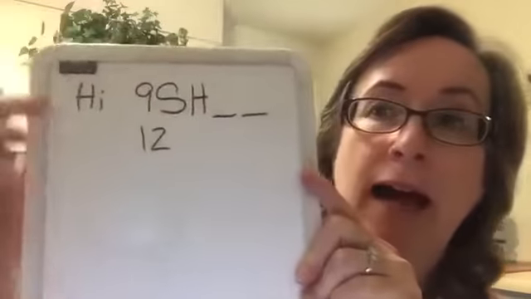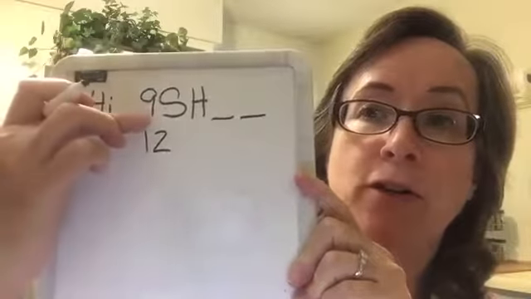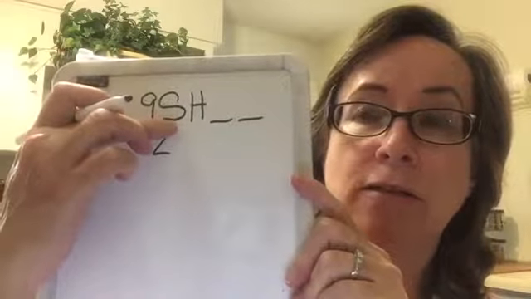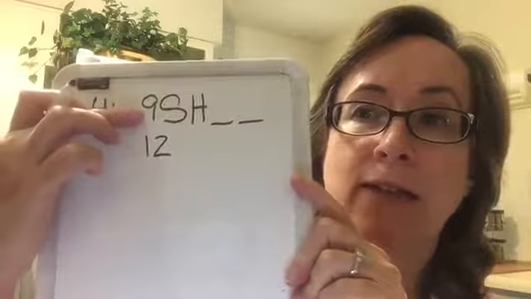When you come in to a video, this one and all the ones that are following it, you're going to do three things while you're taking the video. Number one is you're going to sign in. To sign in, you're going to leave a message on the video, which is on YouTube. It will say hi, your first initial, last initial, and either 9 or 12.